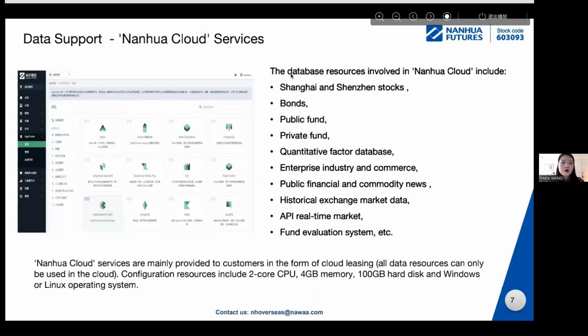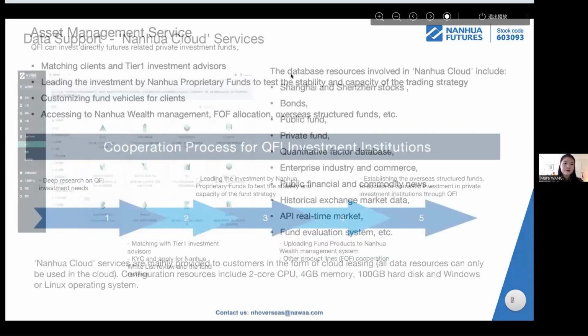So we offer our Nanhua cloud services only for our clients. You cannot find it in the market because it's only shared with our existing clients. From our Nanhua cloud services, you can easily find the majority of Chinese financial markets information, not only limited to our futures and options here.